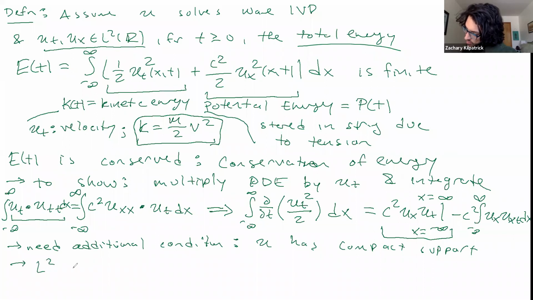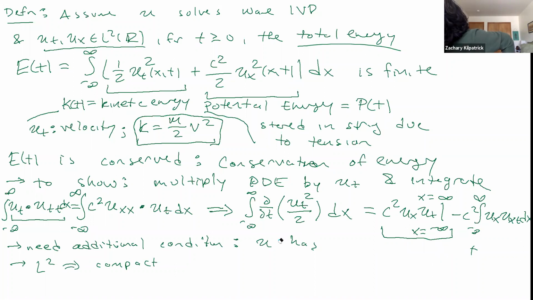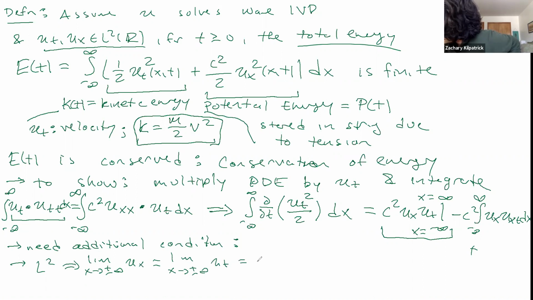So L2 implies, not necessarily compact support, but that the limit as x goes to plus or minus infinity of u_x is equal to the limit of u_t is equal to 0. Yeah, you're right, Sage. Good point.